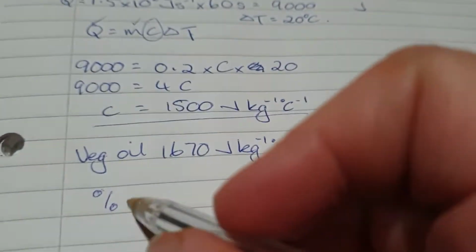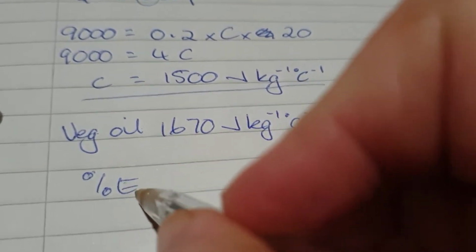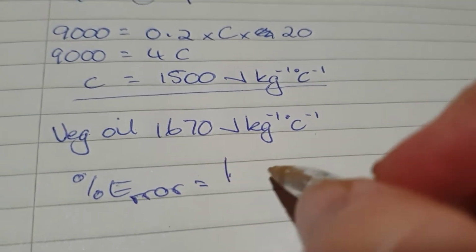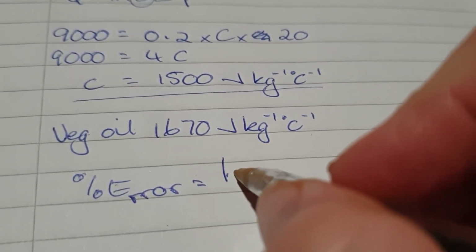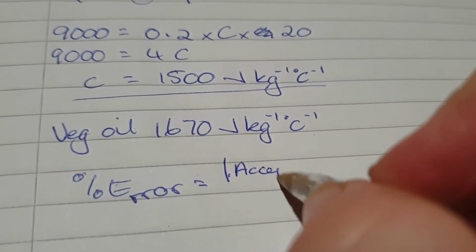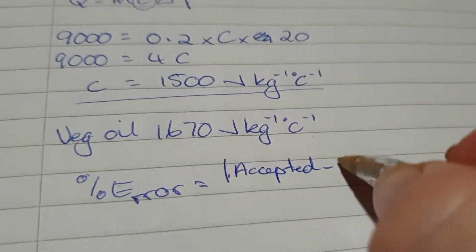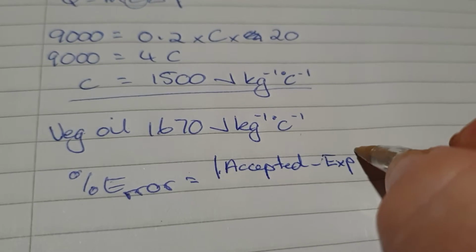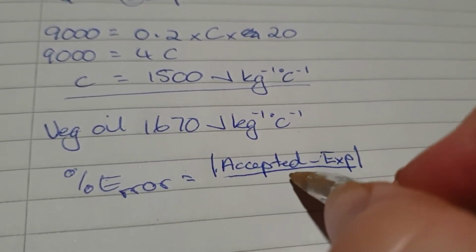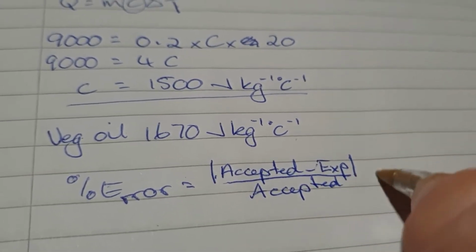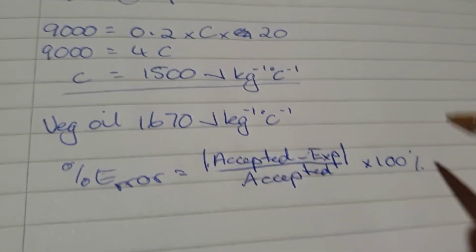So for the percentage, until I get this in focus, here we go. Percentage error is absolute, so it doesn't matter whether it's positive or negative, and it's just accepted minus observed or experimental, over the accepted, times 100 percent.